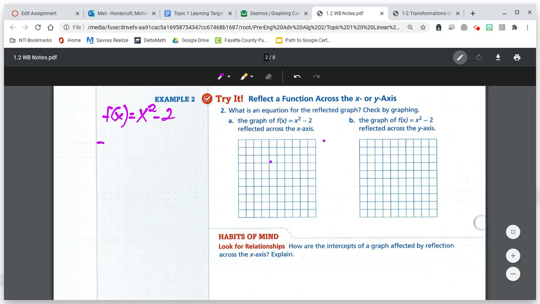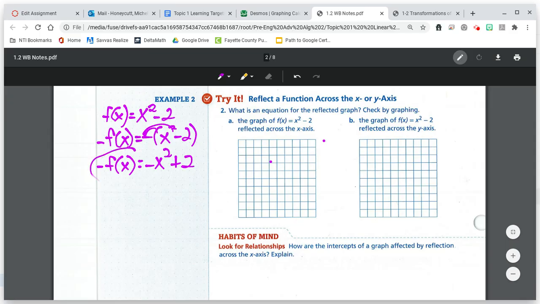So negative f of x, put a negative on the left. Whatever you do to the left side, you have to do to the right. Negative x squared minus 2. Then you can distribute that negative. So the reflected should be, just distribute this negative, negative x squared plus 2.